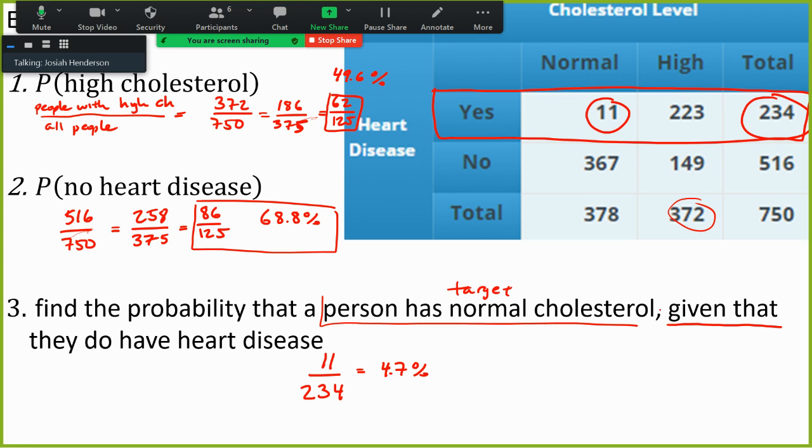If it says given that, then you're narrowing your focus to just that section for your total. This would be an example of a dependent situation, to link it back to what we did in Unit 9, because having normal cholesterol or any type of cholesterol does depend on whether or not they had heart disease. So that changed our total that we used.